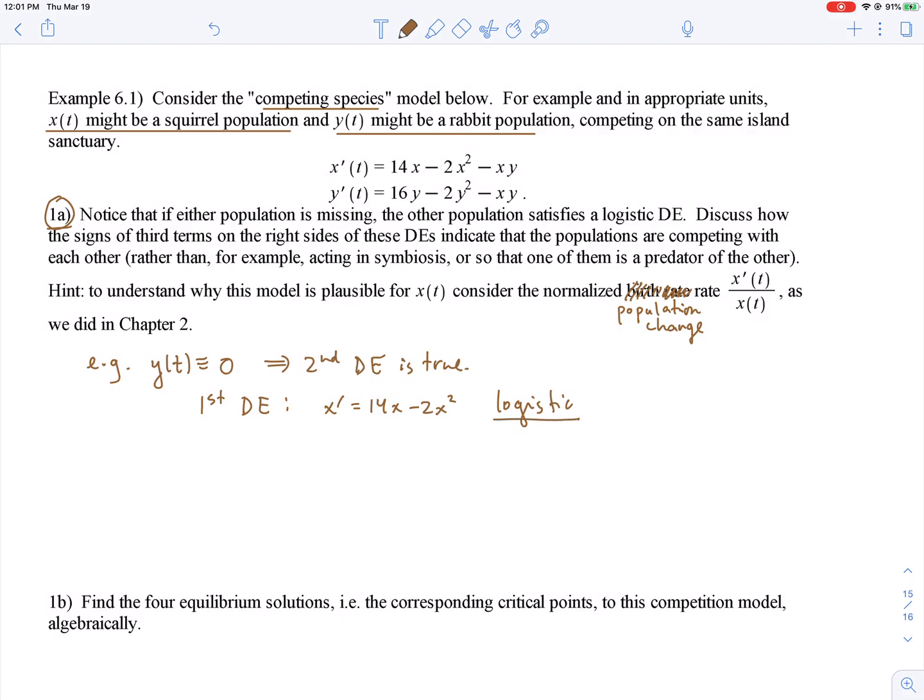All right, and analogously, we could consider the case where the x of t's were identically 0. So in any case, these first two terms in each equation are the logistic part.